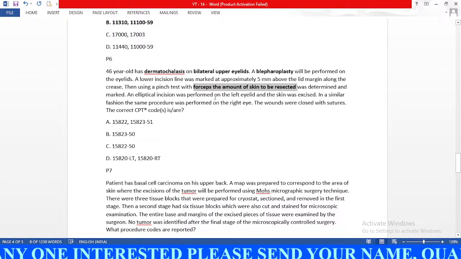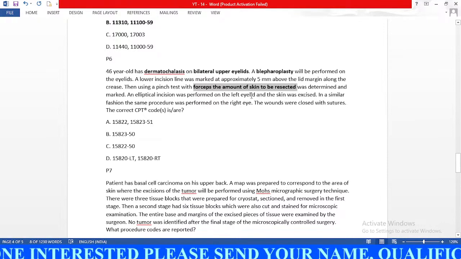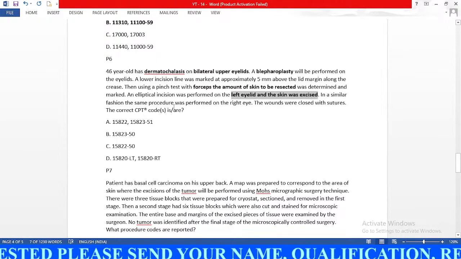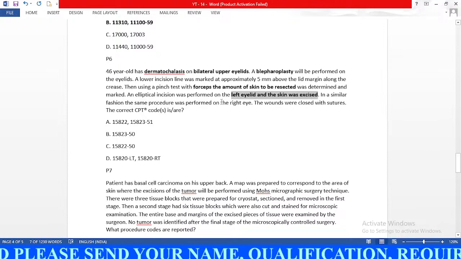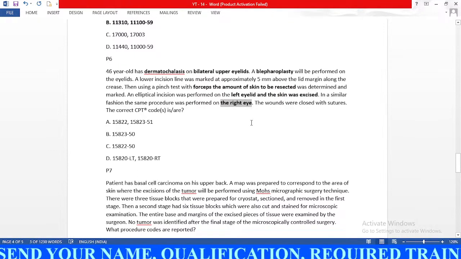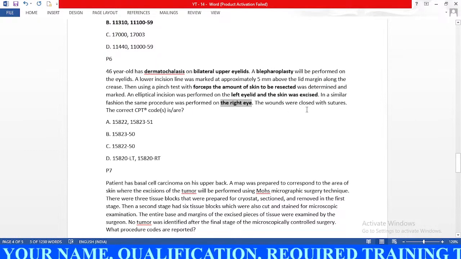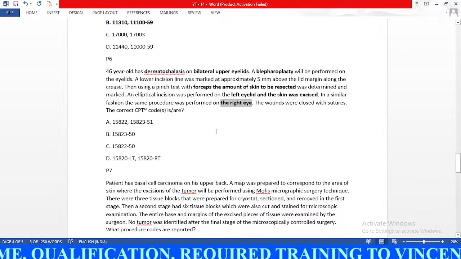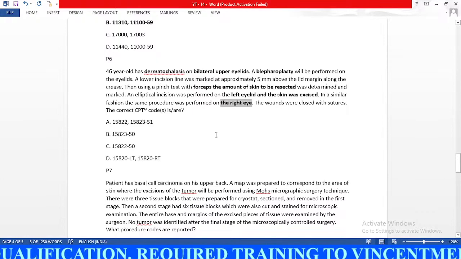An elliptical incision was performed on the left eyelid and the skin was excised. In a similar fashion, the same procedure was performed on the right eye also, so the procedure was performed on both eyes. The wounds were closed with sutures. We will check them one by one. So what is 15820?